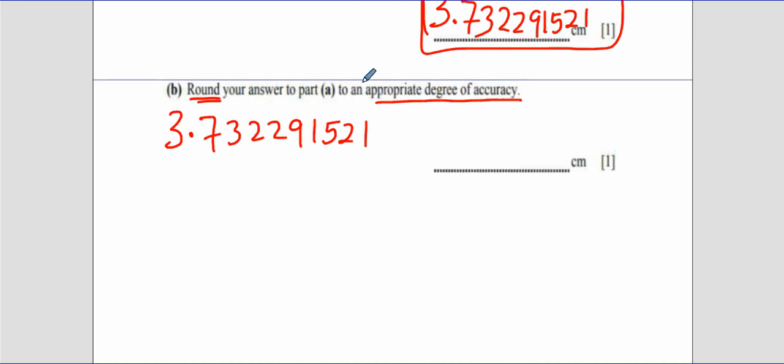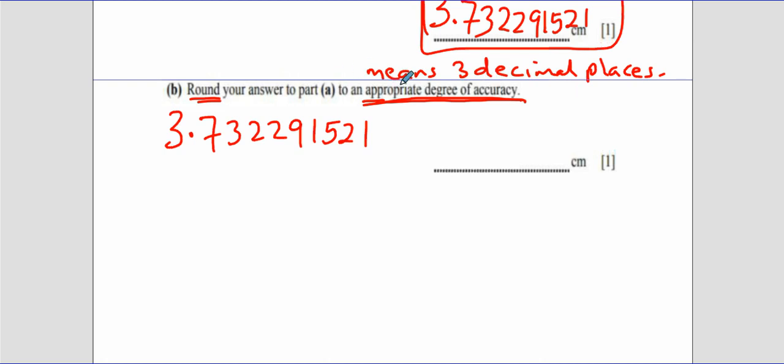Some people may be wondering, what does appropriate degree of accuracy mean? Appropriate degree of accuracy means 3 decimal places. That may be okay.